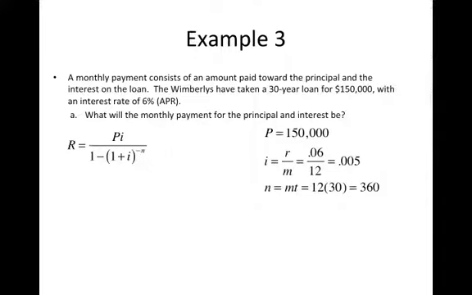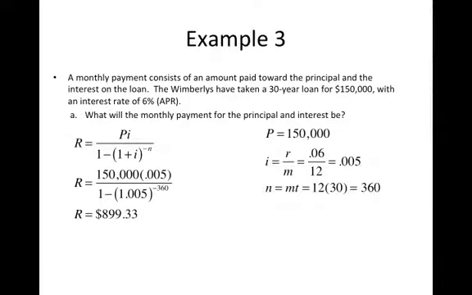N is equal to M times T, so 12 times 30, so that's 360 compounds of the interest. So we plug in our values: 150,000 times 0.005 over 1 minus 1.005 to the negative 360, and we get $899.33.